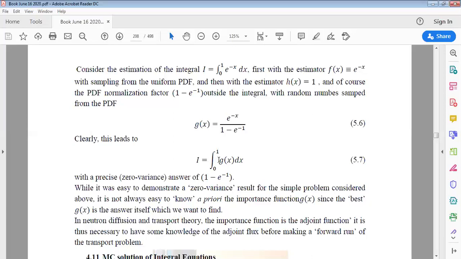And you can see that's just a number, so I can take it out. So whatever you sample inside this makes no difference on the estimator. So the estimator is always 1 minus 1 over e. And so I get the answer of this as 1 minus 1 over e with a 0 variance.